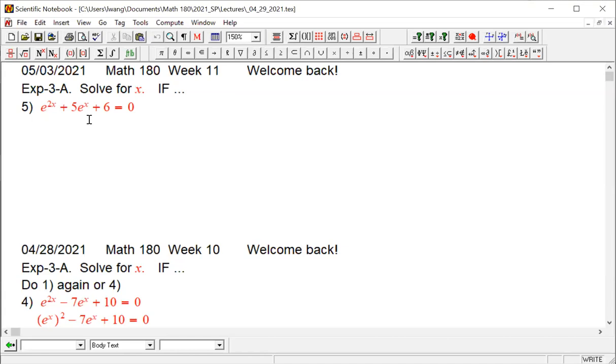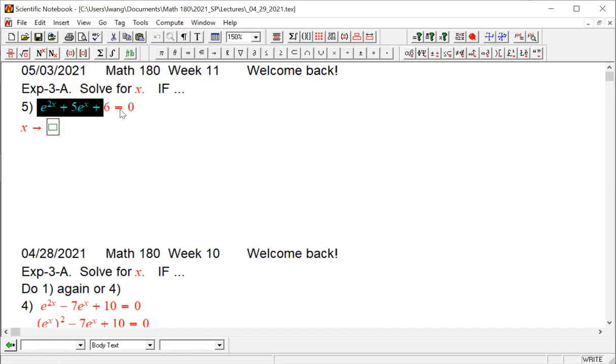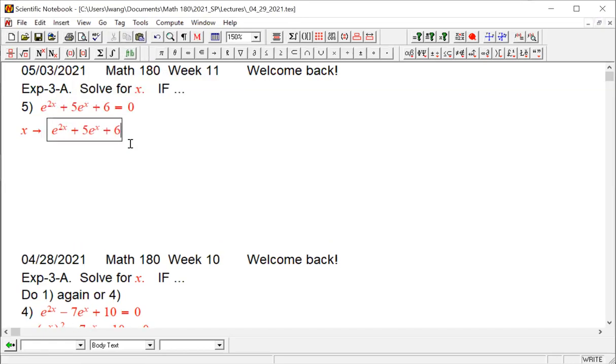Okay, so the narrative would be, if this particular function is 0, then what is the solution? From the function's perspective, this is the rule of the function: we take any input, we go through that, it produces an output.